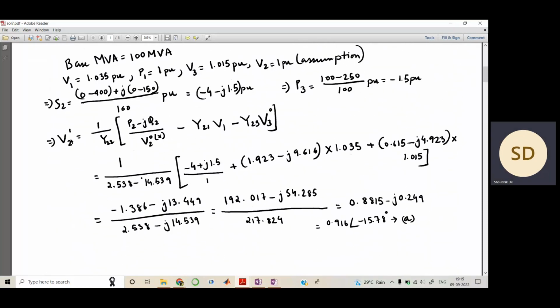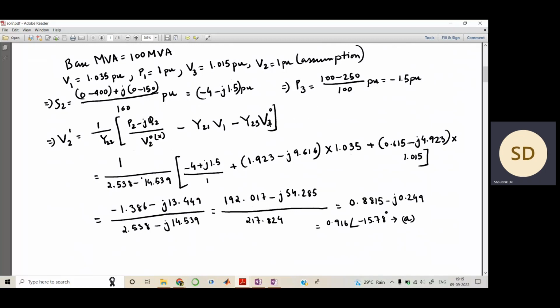Now, for example, suppose they had told you to find the bus voltage after the second iteration. This would be a really lengthy problem. In that case, you would also have to find the bus voltage at V3 after the first iteration, because in the second iteration this would be V2, and your superscript would also be 2.